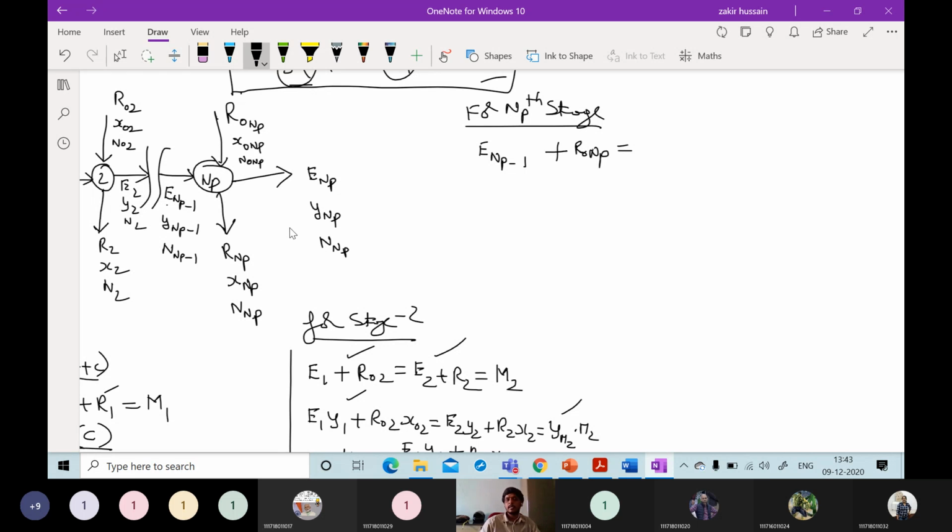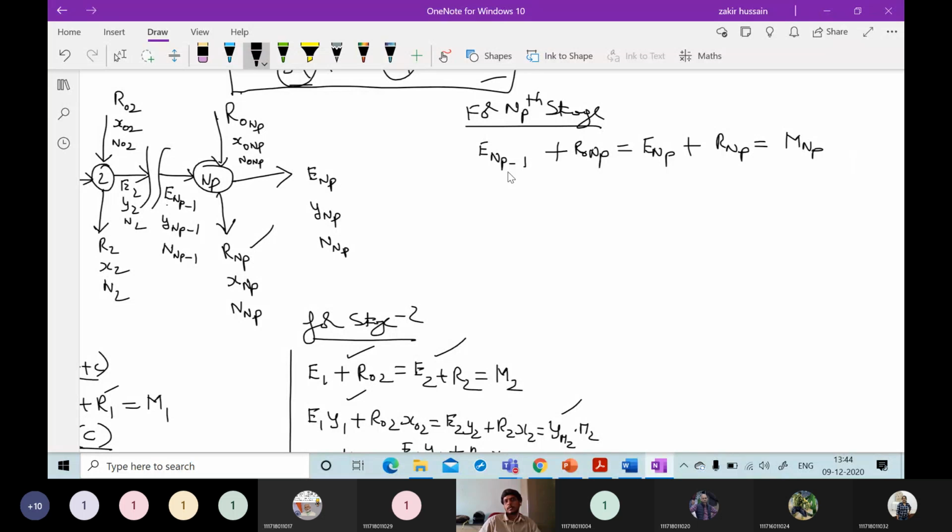Two outputs are there: one is E_NP for the overall solution balance, plus this one R_NP. So this is going to equal M at the stage NP. Instead of this NP, you can write 2, 3, 4 for each stage. I'm just generalizing this equation.